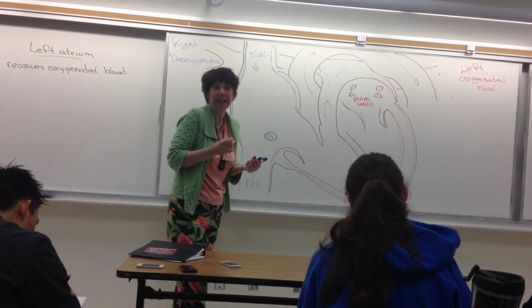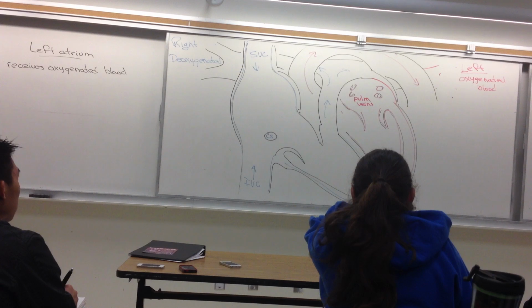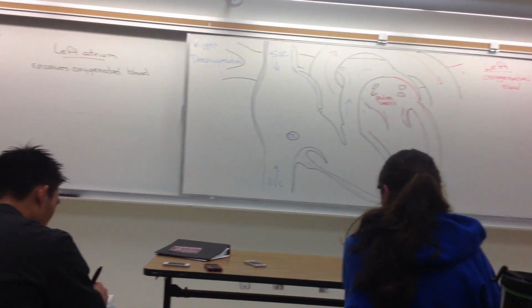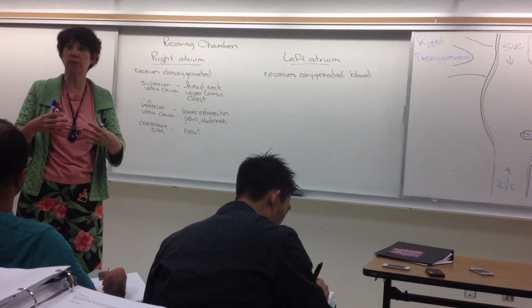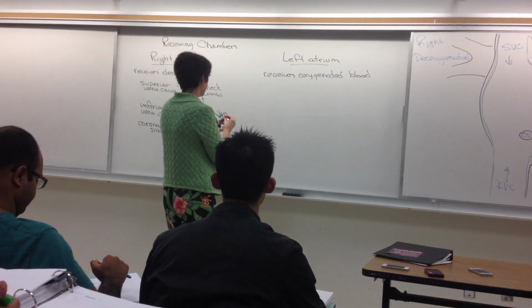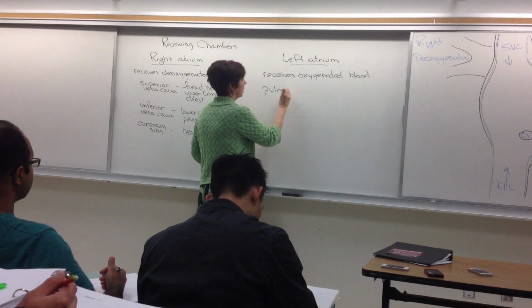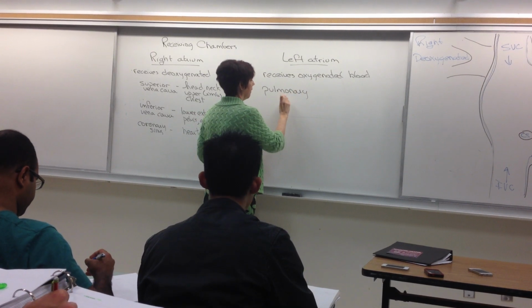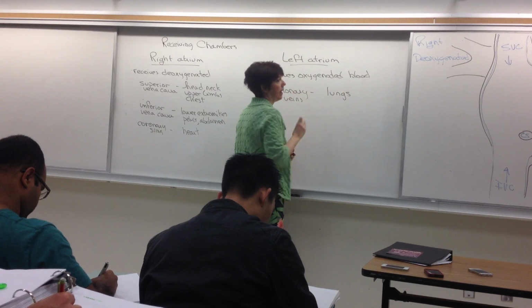Now, it seems weird because our veins are normally blue in color when we diagram them on a piece of paper. But because these are coming back to the heart, they're under low pressure, they're veins, no matter what kind of blood they're transporting. So it receives oxygenated blood, and the vessels are pulmonary veins coming from the right and left lungs.